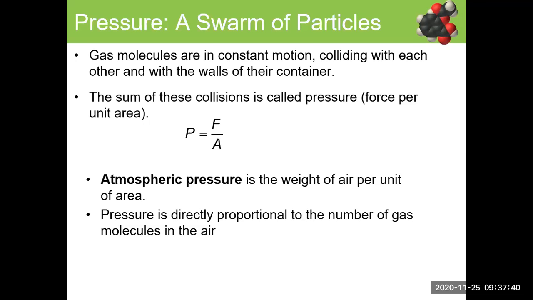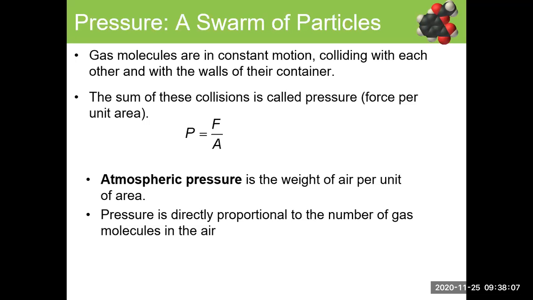Atmospheric pressure is the weight of air per unit area. So pressure is directly proportional to the number of gas molecules in the air. Once again, pressure is related to the number of those collisions, but really what we're saying is the more molecules we have, the more collisions we're going to have.